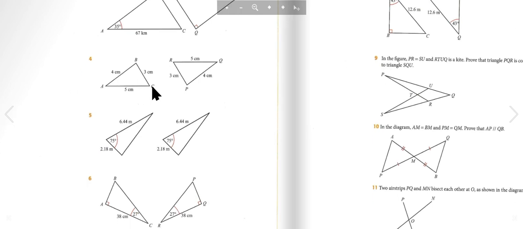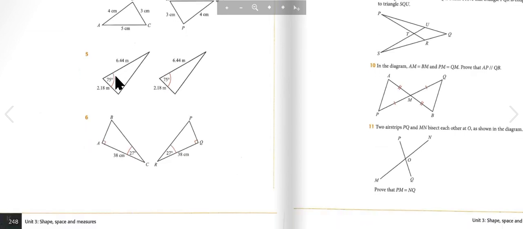Here, the triangles are congruent. Here the triangles are congruent because SSS is satisfied. Here the triangles are congruent because SAS is satisfied.